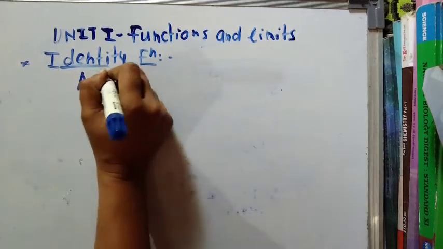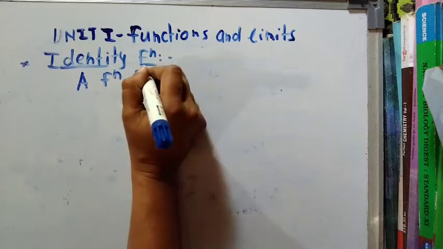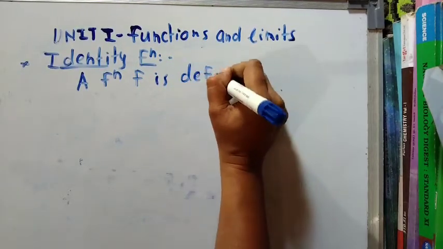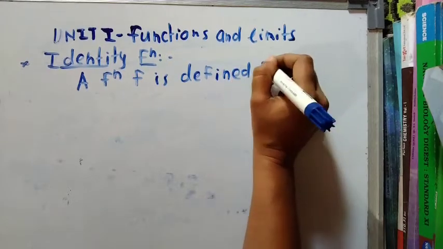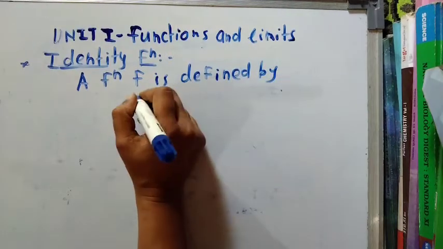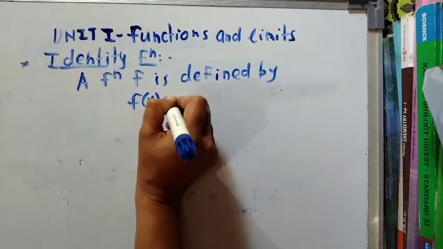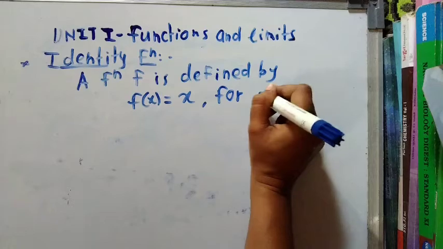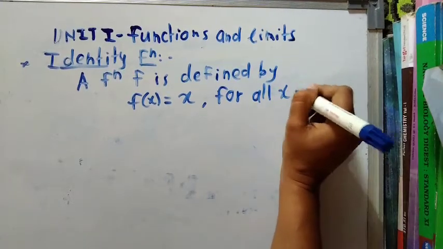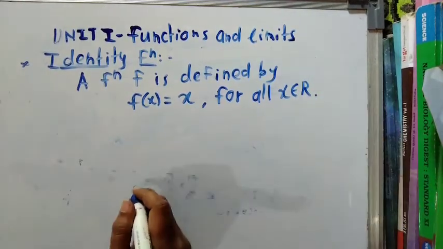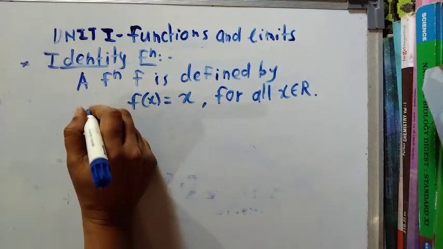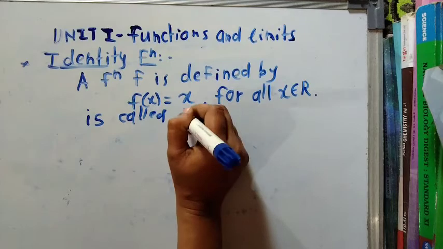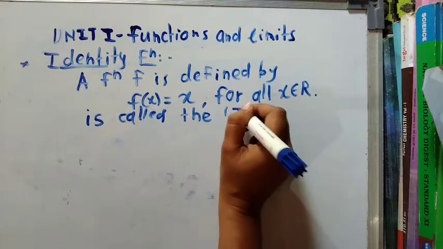A function f is defined by f of x is equal to x for all x belonging to R. It's called the identity function.